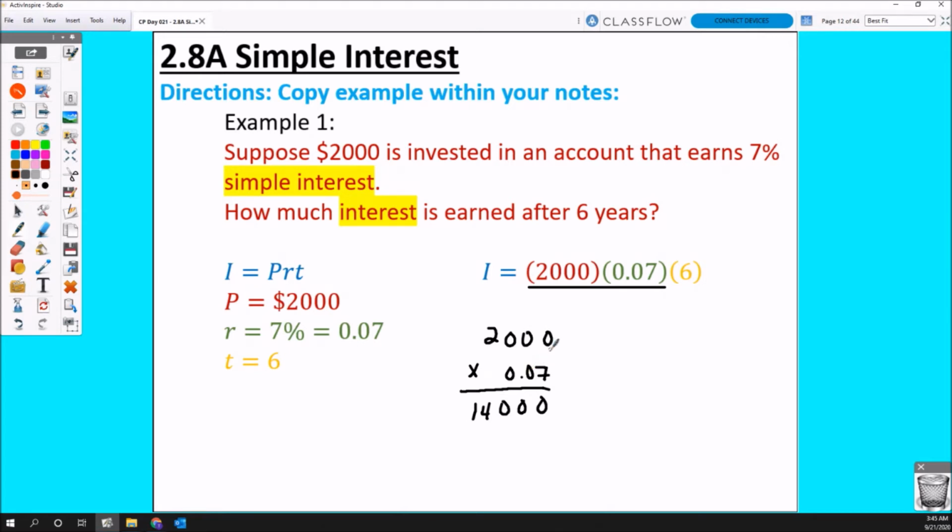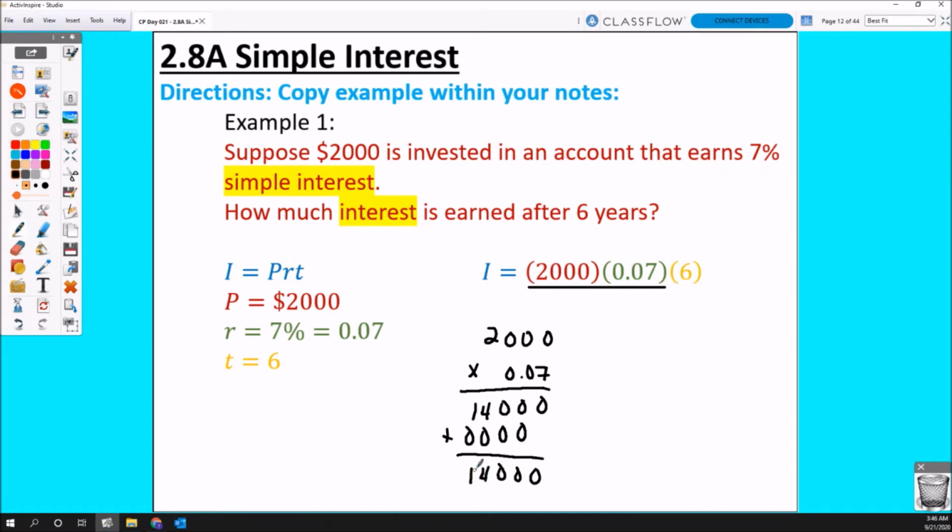So 0 times each of the zeros is 0, and 0 times 2 is 0. Now, you don't have to do the 0 in front of the decimal. You just have to work with the numbers behind it. So I'm just going to add the numbers together vertically. So 0, 0, 0, 4, 1.